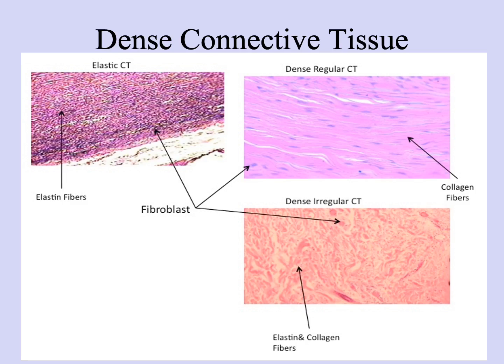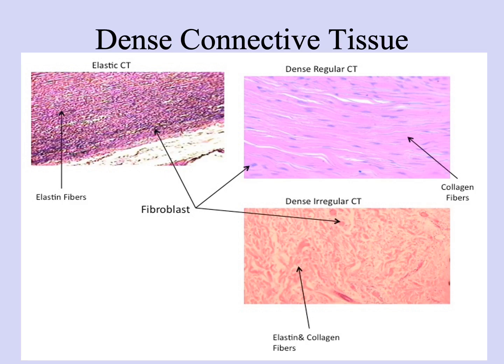In elastic connective tissue, like what we see here with the aorta, you'll notice that we have this elastin fiber interwoven with the collagen fibers, giving kind of this purplish, pinkish hue to the slide. Most elastin protein will dye in a darker purple color, whereas most collagen will dye in kind of a reddish, pinkish, purplish color.